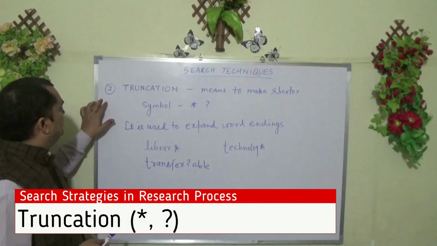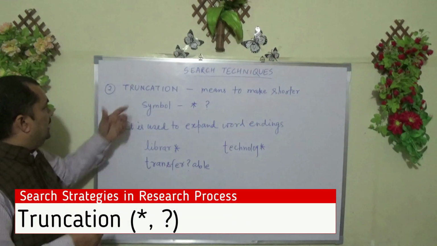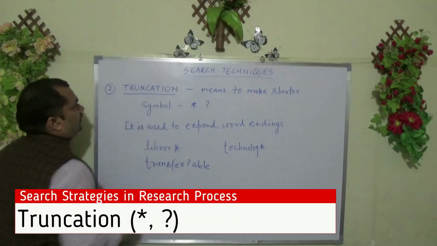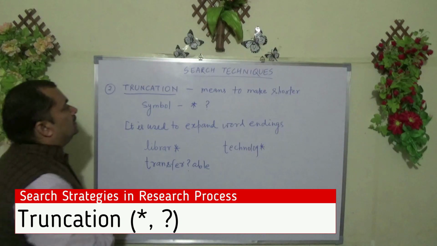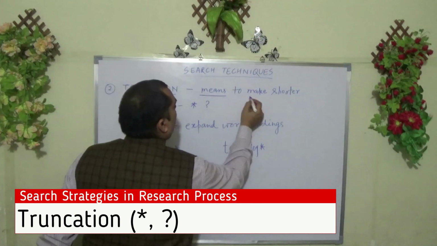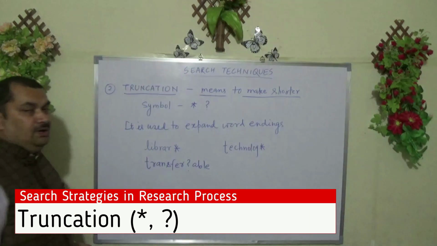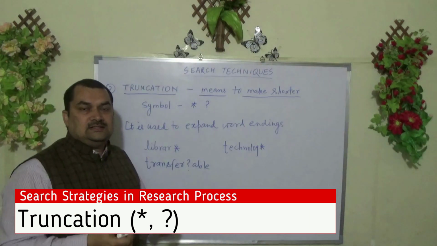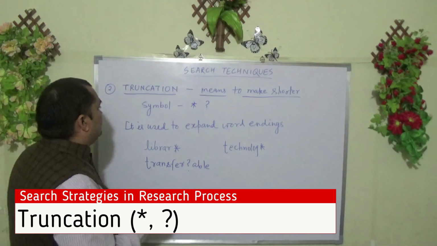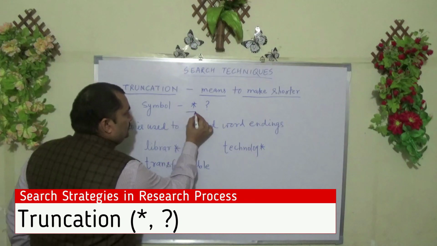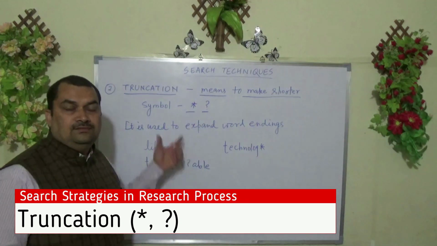Okay, let's see the second search strategy, and that is truncation. The meaning of truncation is to make shorter. When we start searching about any term or any keyword, we use the symbol of truncation.